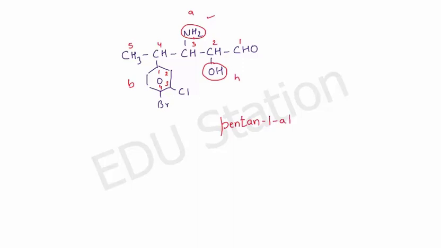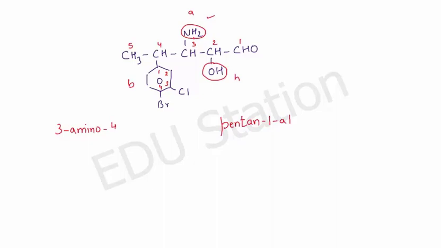So it is pentanol or pentan-1-ol. This is the end of the name. Now we start with the prefix part. First we write A, so it will be 3-amino. The complex is at the fourth carbon. It starts with B. 4.